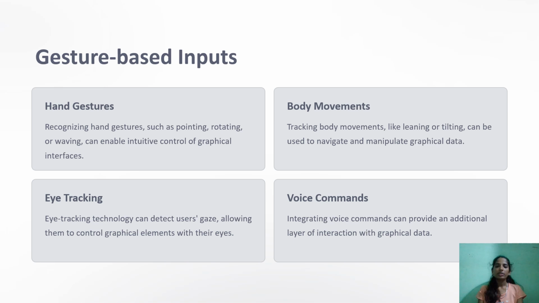For the body movements, tracking body movements like leaning or tilting can be used to navigate and manipulate graphical data. Eye tracking technology can detect users' gaze, allowing them to control graphical elements with their eyes. At last, the voice commands. Integrating voice commands can provide an additional layer of interaction with the graphical data.